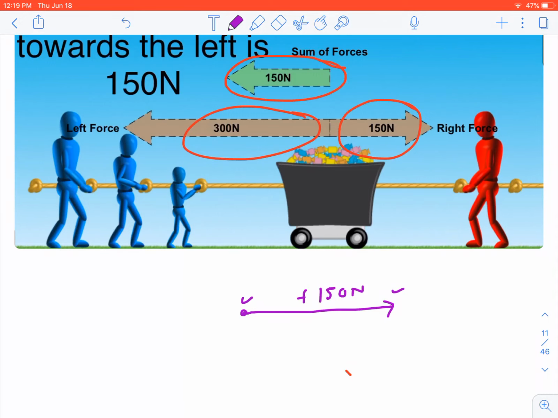Now I have to represent this, so I do the same thing. I start with the tail, and we go in that direction, and that is 300 newtons, in a negative direction. So what is the resultant?